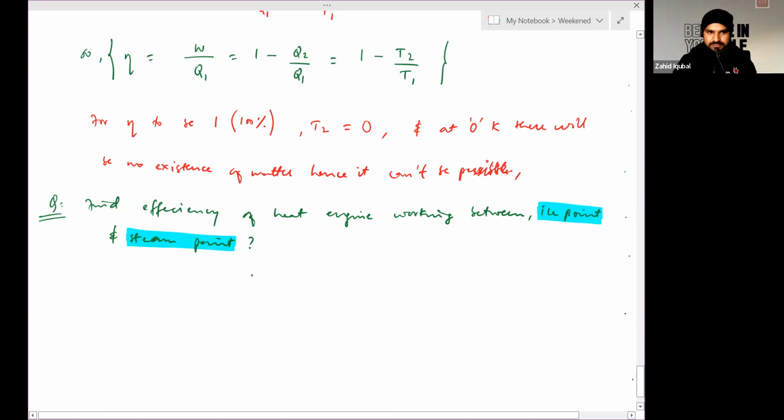So one of the temperatures is the ice point, 273 Kelvin. The other temperature is the steam point, that is 100°C, or in terms of Kelvin, 373 Kelvin. So which one is the higher temperature? Steam point. So it will be taken as the temperature of the source, T1, and the lower temperature, 273 Kelvin, as the temperature of the sink. Using these two values, try to find the efficiency using the above formula.